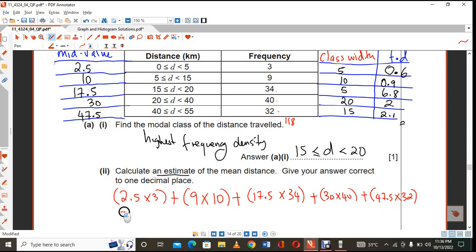That's the frequency. And you are going to divide all of this by 180.